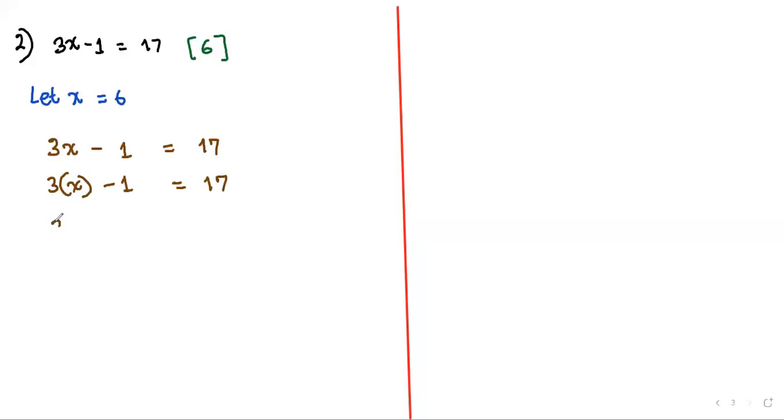Now I say 3 into x, x is 6. I will write 3 into 6 minus 1 is equal to 17. Now 3 times 6 gives me 18. 18 take away 1. Be careful. When I say take away, it means minus.